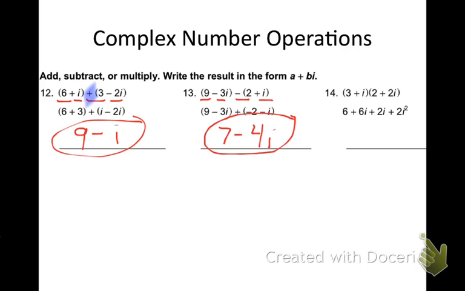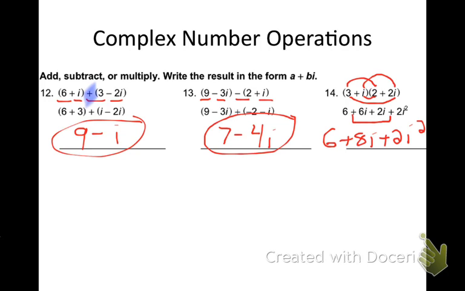Now I would want to FOIL, because there's no operation between the parentheses. So now I would FOIL: first, outer, inner, last. I can look to combine like terms in the middle. 6i plus 2i gets me 8i. So I have 6 plus 8i plus 2i squared.